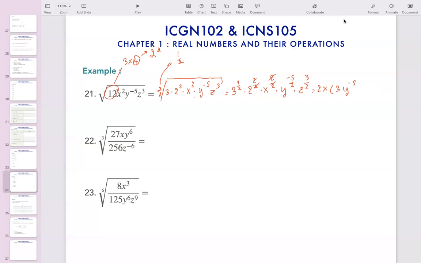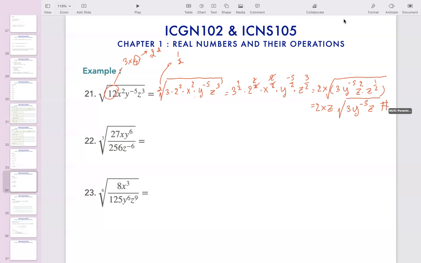For z, I can have z times z to the 1/2 as well. And then I can take the square root of all of them, and I can take z out. Then I get 2xz, and then I have the square root of 3y to the negative 5z. This is the answer for the first one.